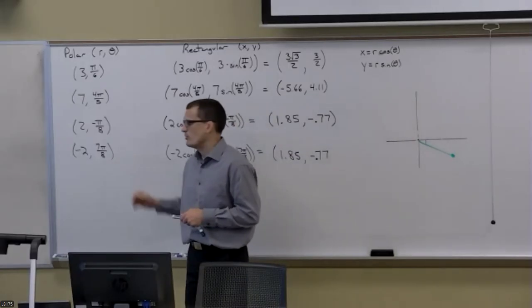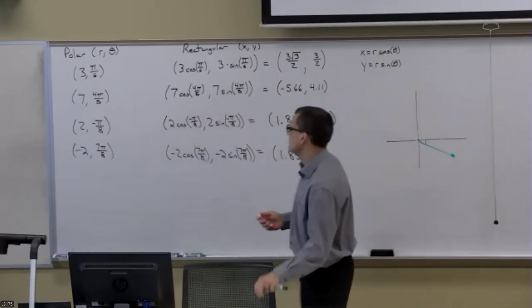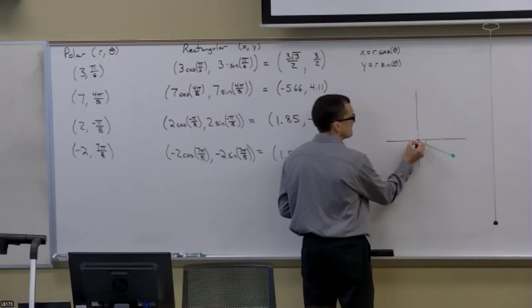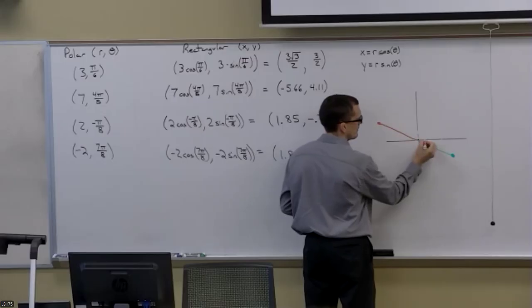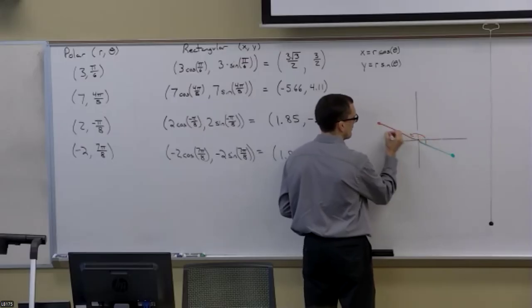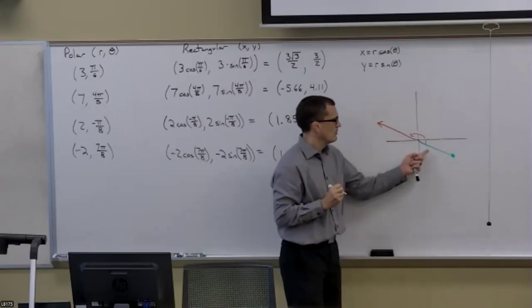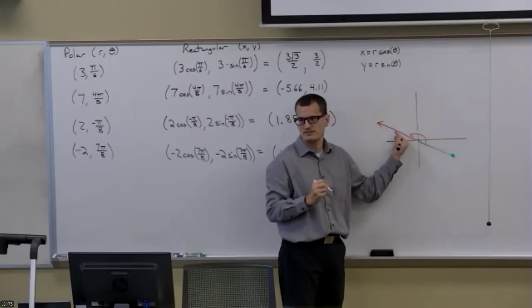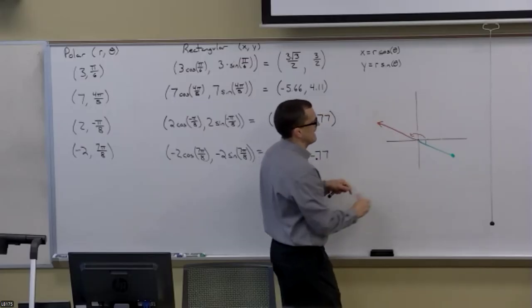On the second point, we started with angle 7 pi over 8. That's actually the angle here. Trying to draw an arrow there. Which is 180 degrees or pi radians away from negative pi over 8. But I used a negative r.